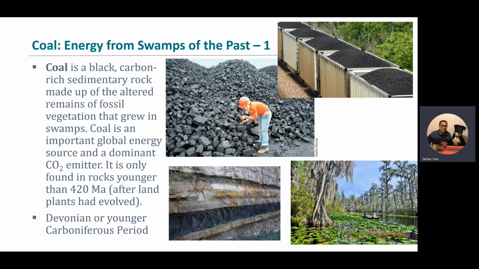And generally, while there's a lot of it, because it forms in lowlands of swamps, which are great depositional environments for rocks, and a lot of them have been preserved in the geologic record, we generally don't find it in rocks any older than 420 million years old, and that's because we know that land plants had not yet evolved prior to that time.